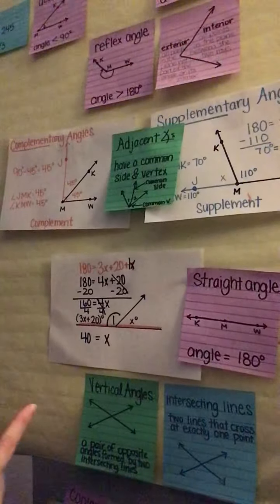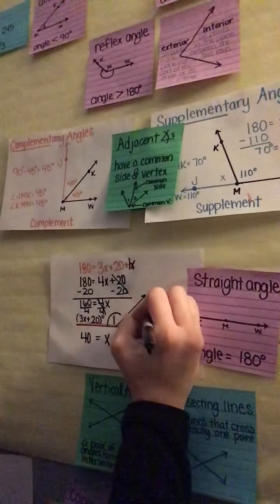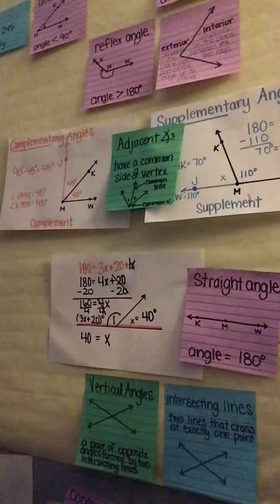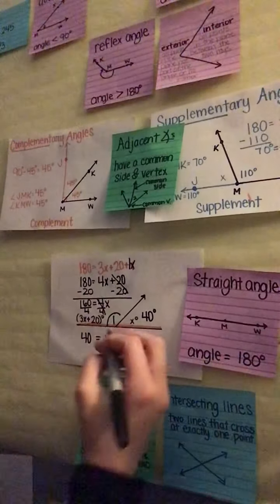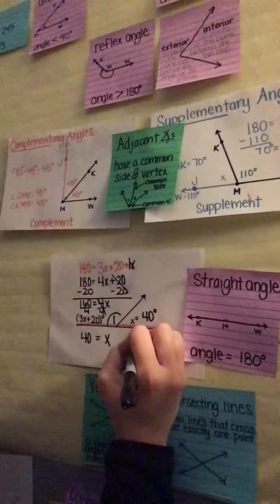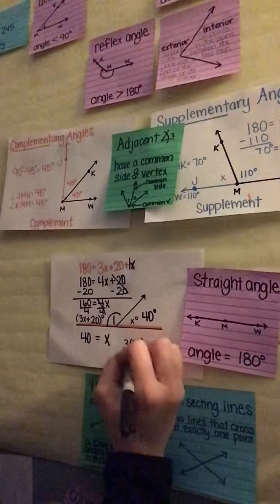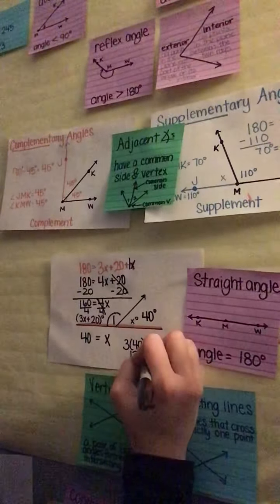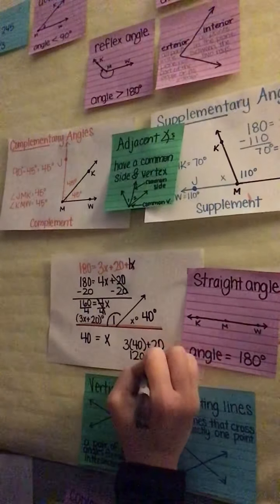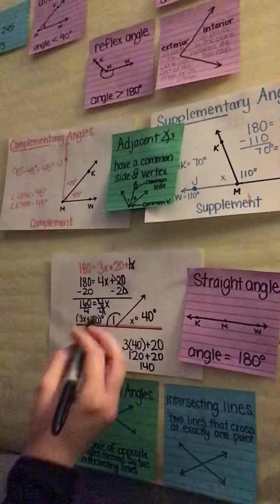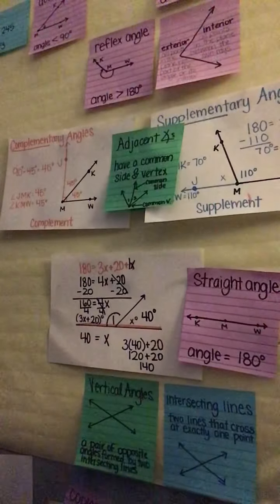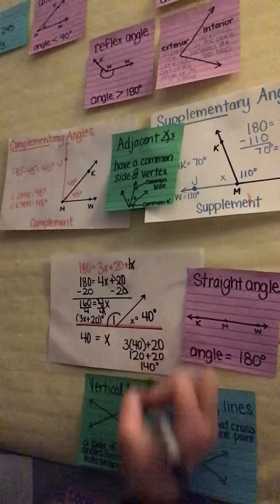Don't you dare stop there. You did all this work. X is equal to 40. Now you need to go and plug this back in. 3 times 40 plus 20. So 3 times 40 is 120 plus 20 is 140. Okay? So if they ask you what is angle 1, you would say 140 degrees.